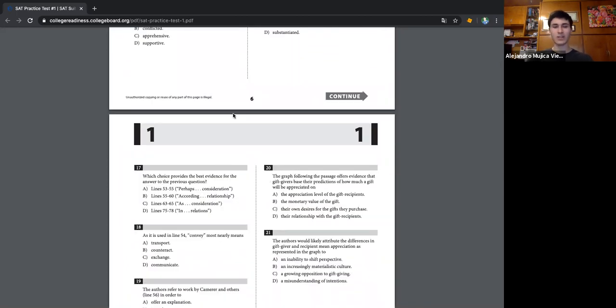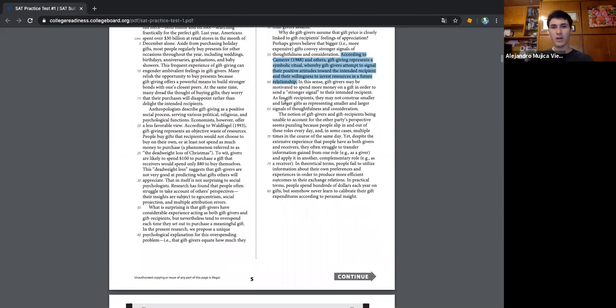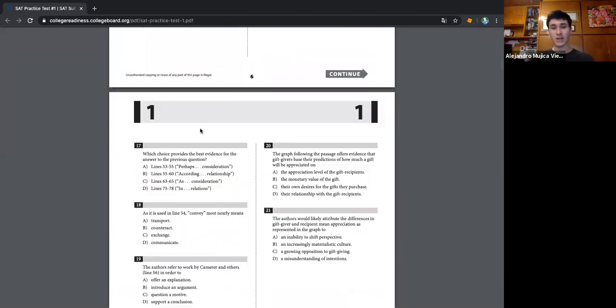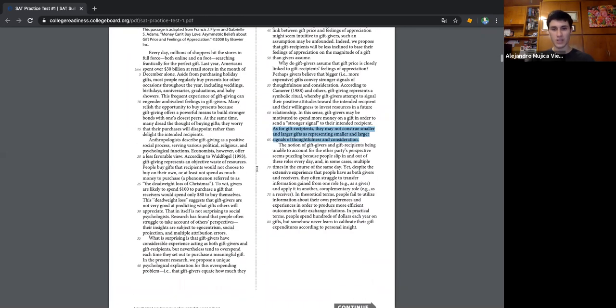Asked consideration, 63 to 65. So as for gift recipients, they might not think the same thing. They don't think that more expensive gifts mean more appreciation. So this is a contradiction to that assumption. So for now, that's the best choice. And then 75 to 78 in relations.